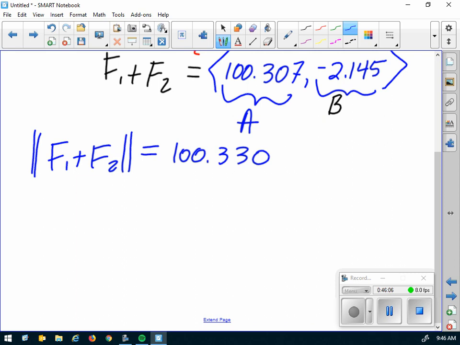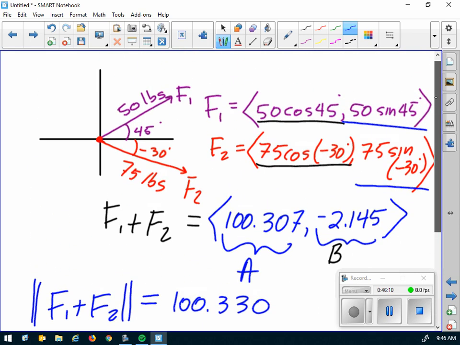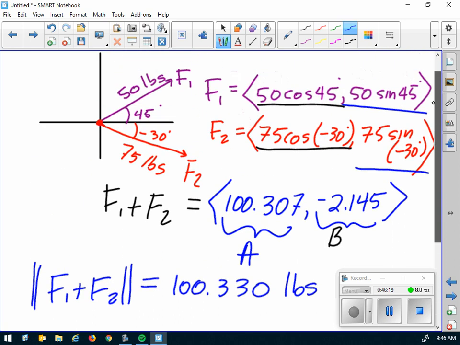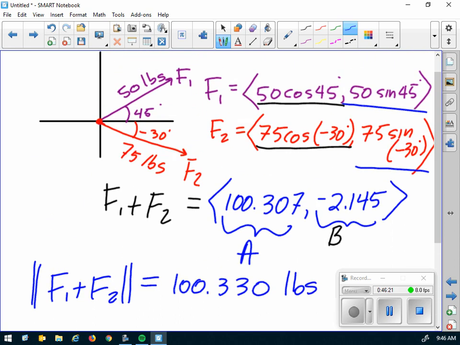What is the unit for this force? Pounds. Now, here's my next question. Does this number, a little over 100, make sense? Does it make sense that the force with which Kenya's being pulled is a little bit bigger than these? Yes. Because why? Because they're kind of pulling in a similar direction, they're both kind of pulling this way.